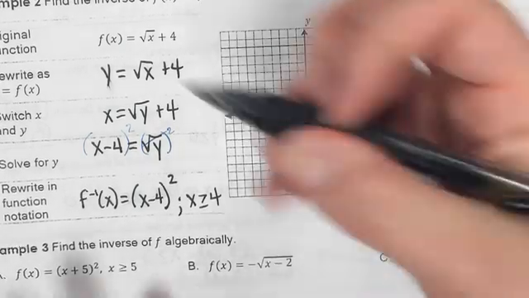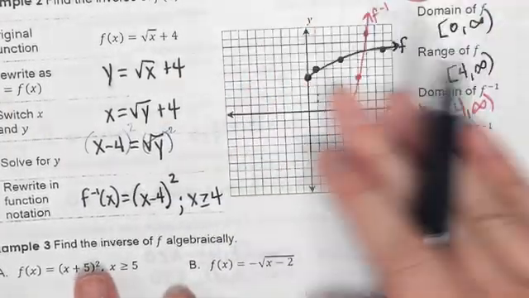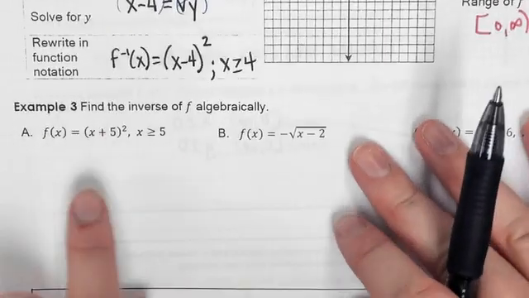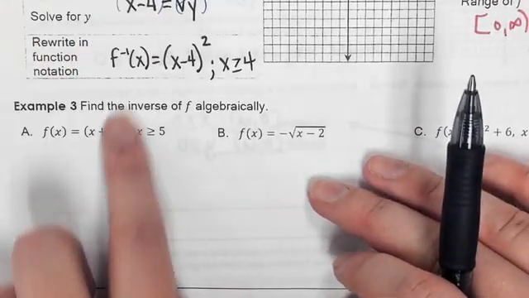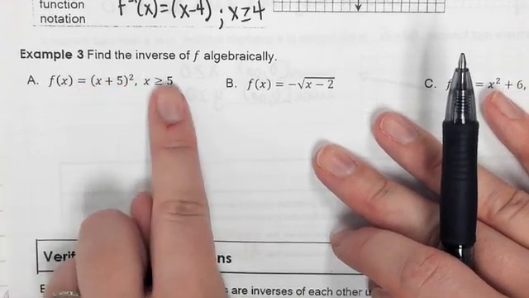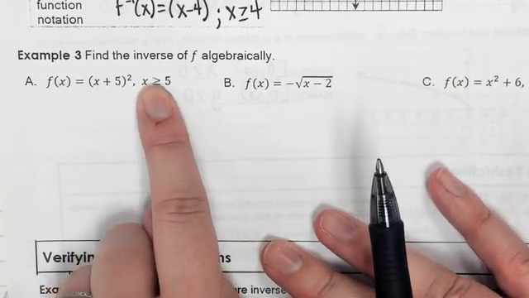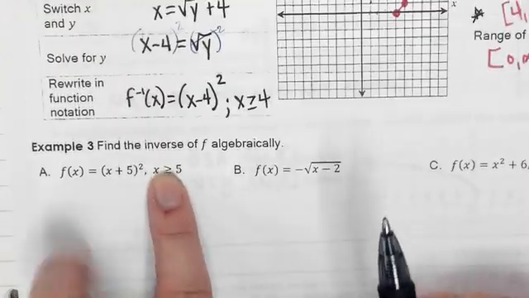Okay, let's practice just this method. We're going to leave this stuff over here, the graphing, for a second, and just focus on how we do this part. So let's practice that a few times. So here's a new example. This right here is a domain restriction. Remember, it doesn't necessarily matter for this process.